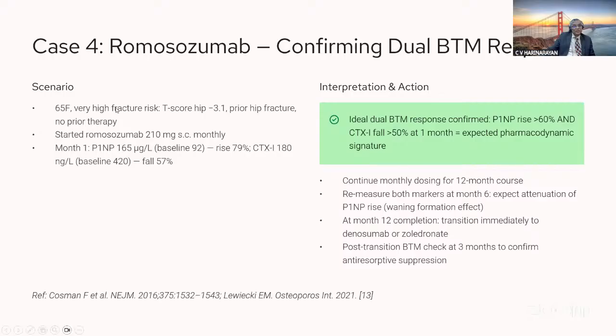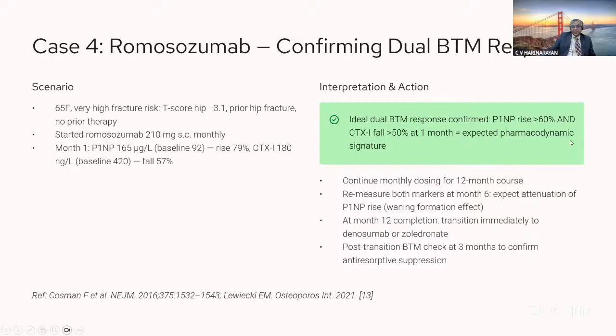Same thing about case 4. A 65-year-old female with a T-score of minus 3.7 started on romosozumab 210 milligrams monthly. At the end of 1 month, P1NP is higher, a rise of 92%. CTX comes down. So ideal dual bone turnover marker response confirmed: P1NP rise more than 60% and CTX fall at 1 month.